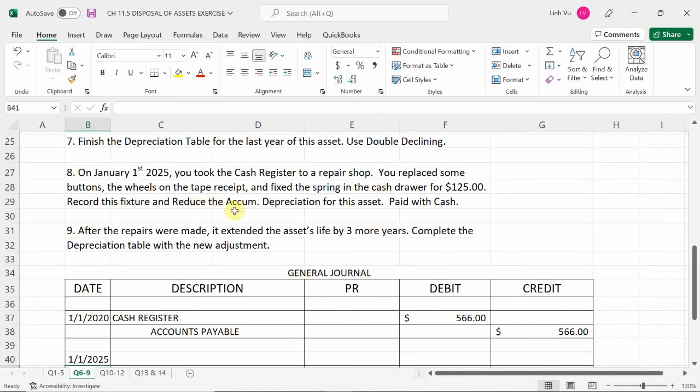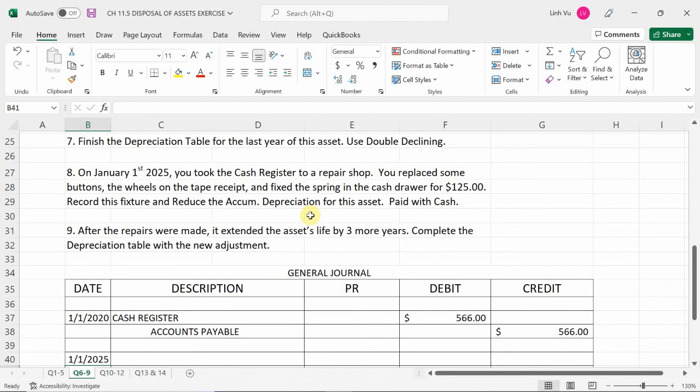It says right here, reduce the accumulated depreciation. So where are you adding this money back to? The depreciation basis. Not the depreciation basis.